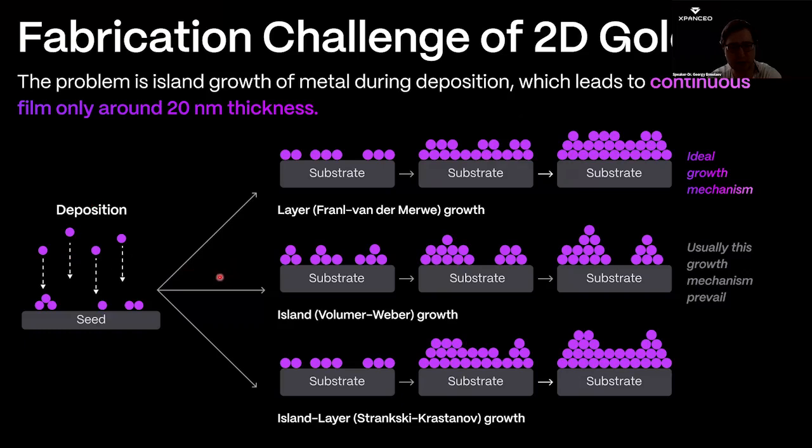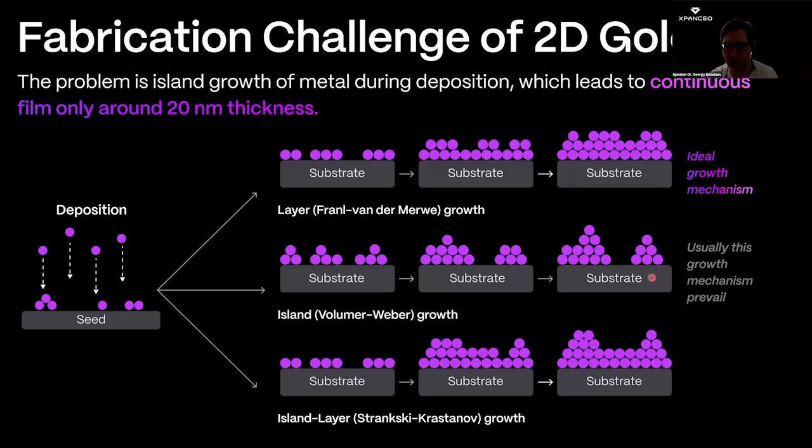Usually the gold formation follows the so-called island growth, or Volmer-Weber mechanism, and before producing continuous films, first gold atoms form islands. But ideally, we would like to have layer-by-layer growth to produce atomically thin gold. Shown here is what we want to have as an ideal mechanism, because that way we can really go to atomically thin gold of a few nanometers.